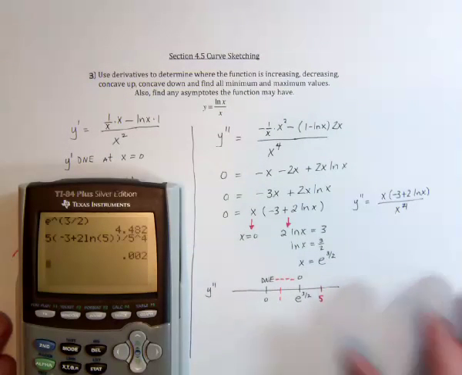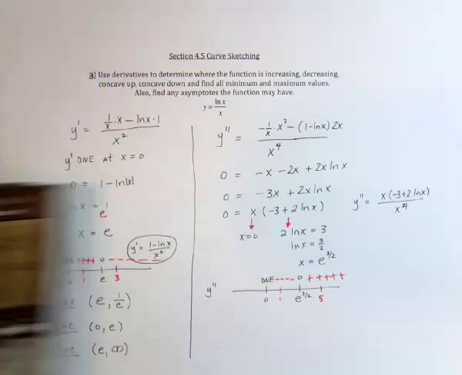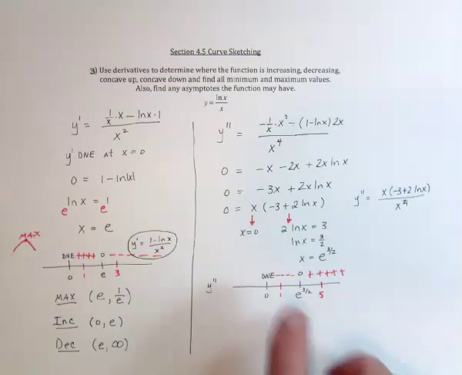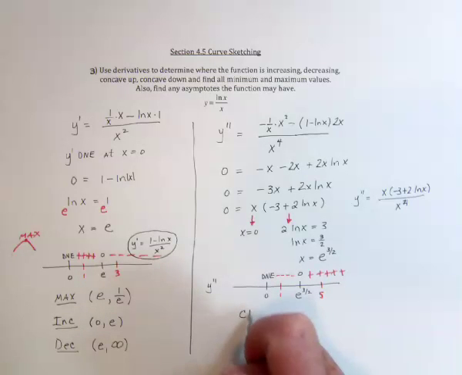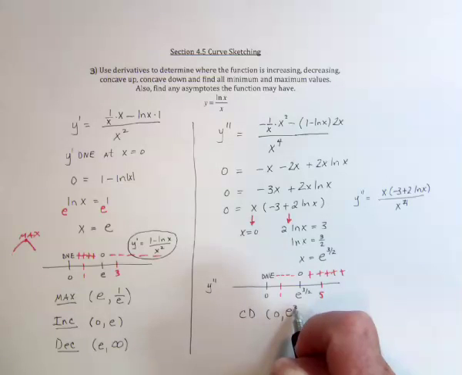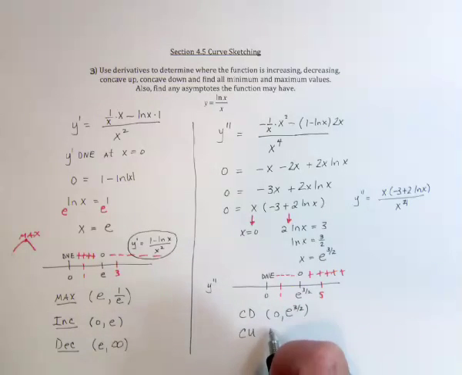It turns out to be positive. So this is concave down. And over here would be concave up, so from e to the 3 over 2 to infinity.